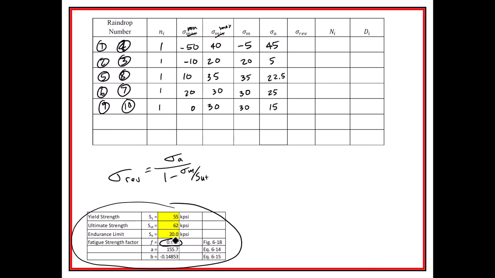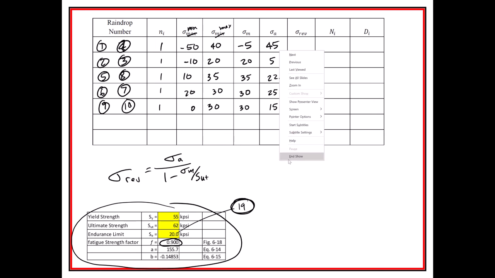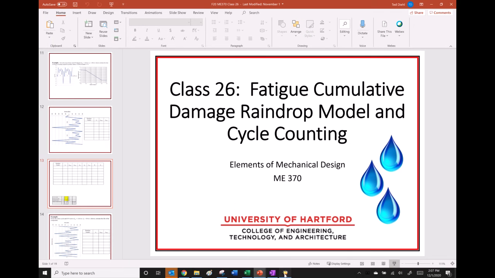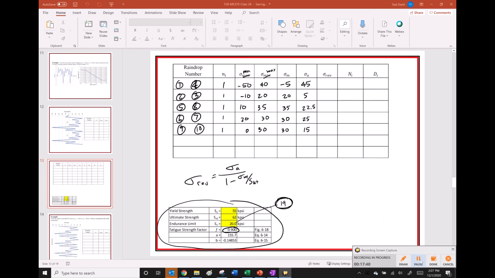In fact, I might pause the video and change all of these things. I think 19 would be a better thing, because what I end up finding is that for the completely reverse stress, I get things that are below 20, and so I have to toss them out. So I'm going to keep this, and I will pause the video and rewrite all the numbers.